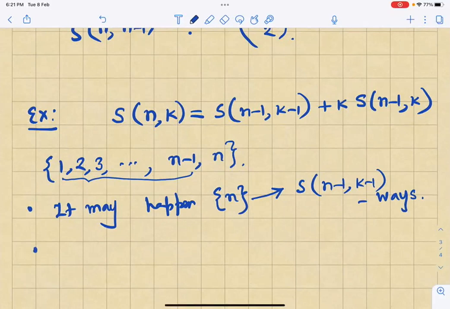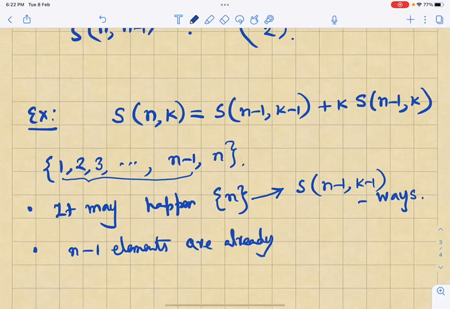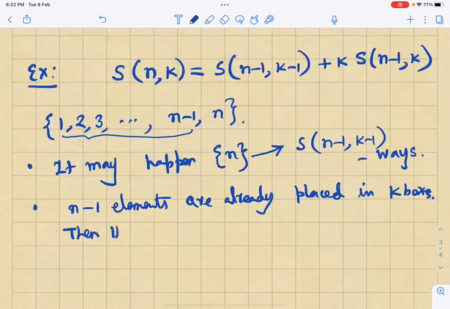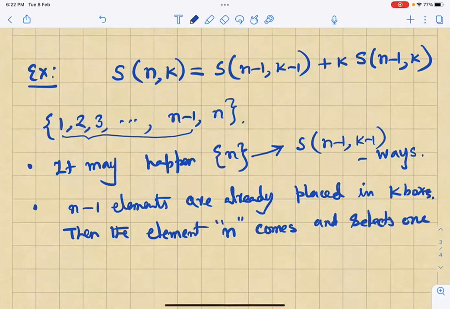What is the other thing that can happen? These n-1 elements are already placed in k boxes. Then the element n comes and selects one box.